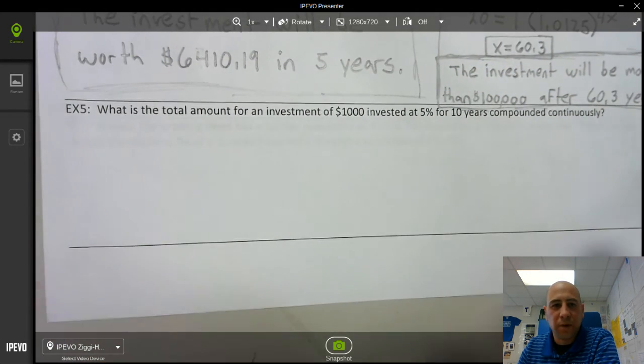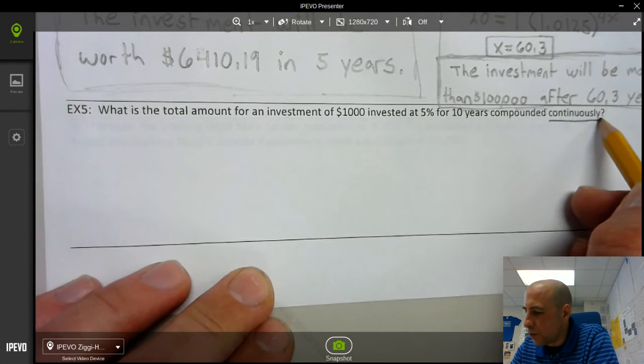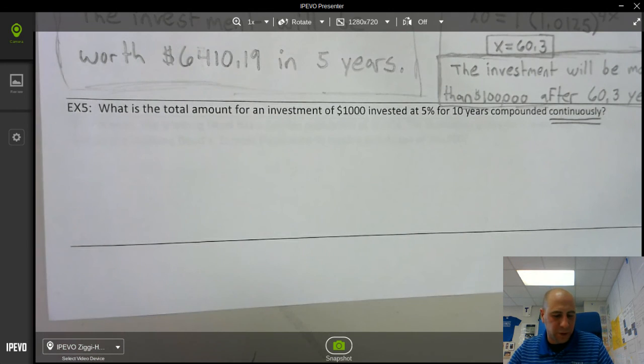All right, so let's look at example 5. What is the total amount for an investment of $1,000 invested at 5% for 10 years compounded continuously? So the key word is continuously. Okay, so we know the format for compounded continuously.